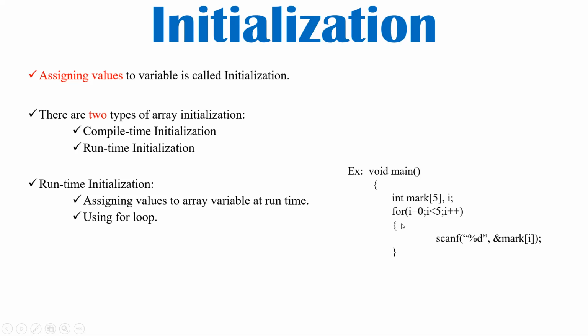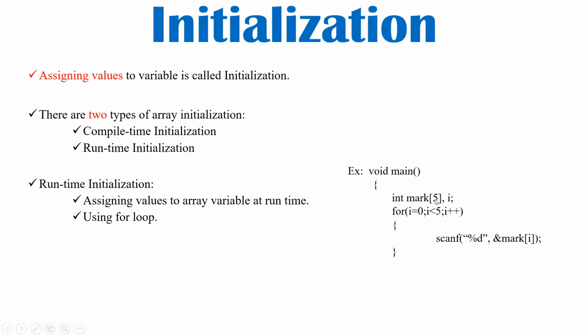The for loop is always associated with the array variable, because it is not holding a single value, it is holding a collection of values. So we need scanf multiple times. That's why reading and writing of an array variable is always associated with the for loop.